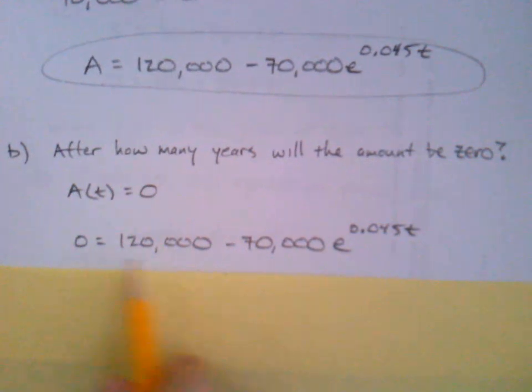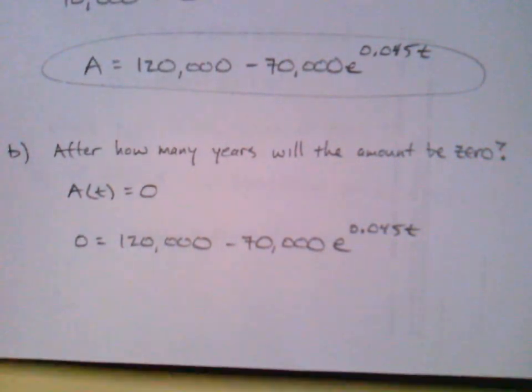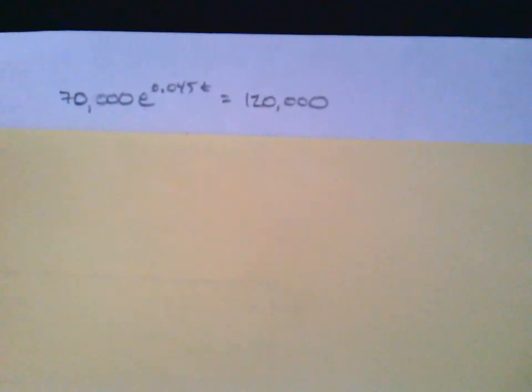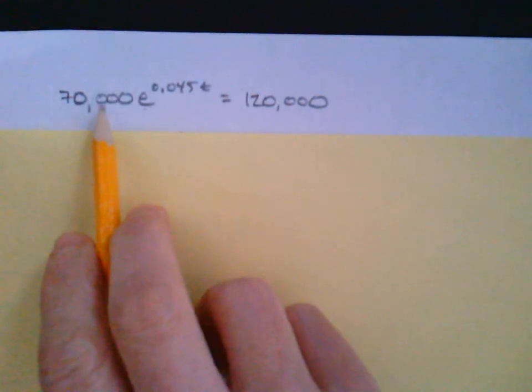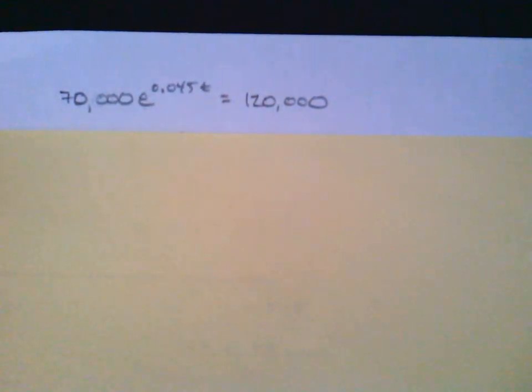Okay, so setting it equal to 0, solving for t actually goes pretty fast. If we add our 70,000 e to the 0.045t onto the left, and then we can divide by the 70,000, reducing to 12 over 7.